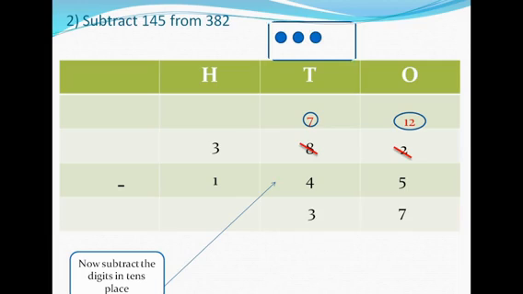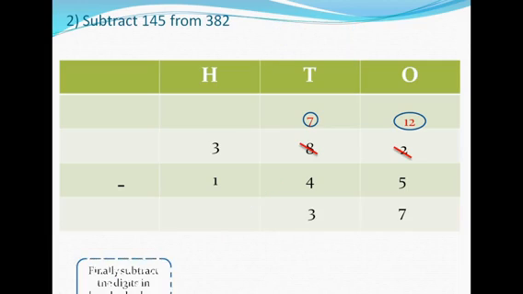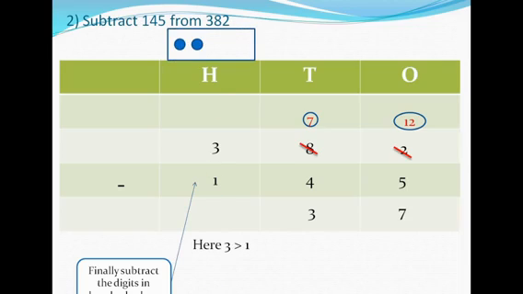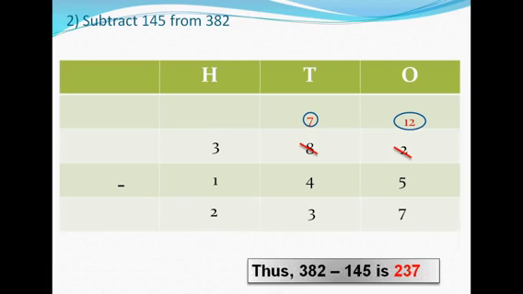Finally, let's subtract the digits in hundreds place. Here 3 is greater than 1. If you take away 100 from 3 hundreds, we get 2 hundreds. Therefore, we write 2 under the hundreds column. Thus, 382 minus 145 is 237.